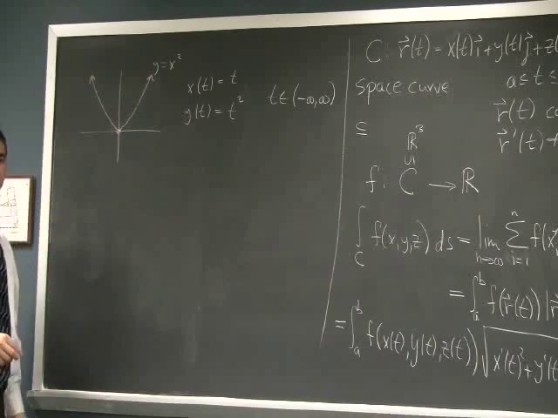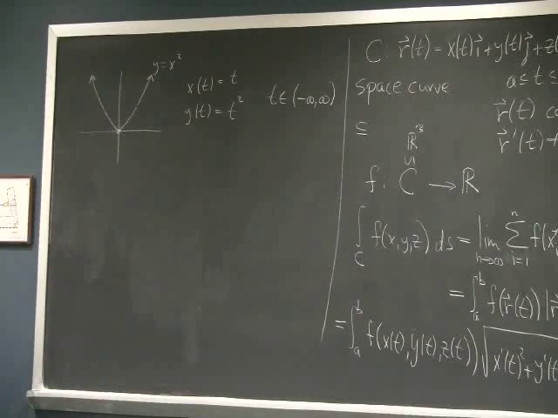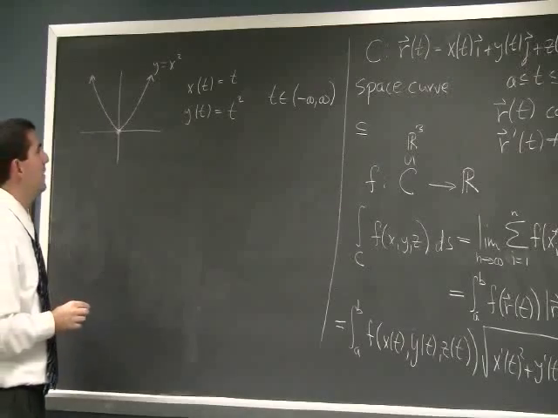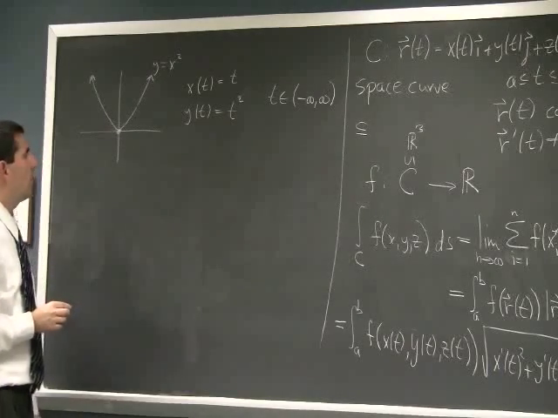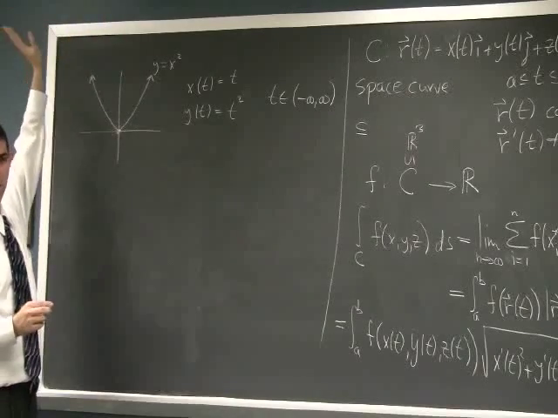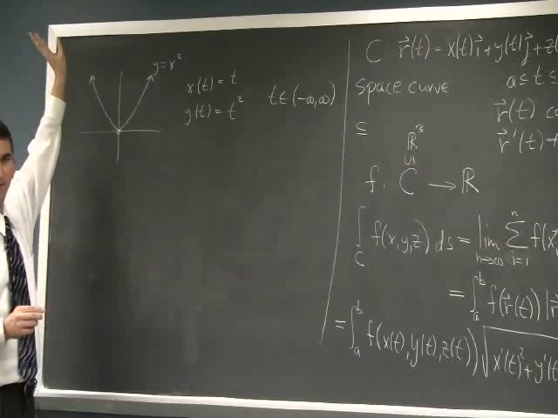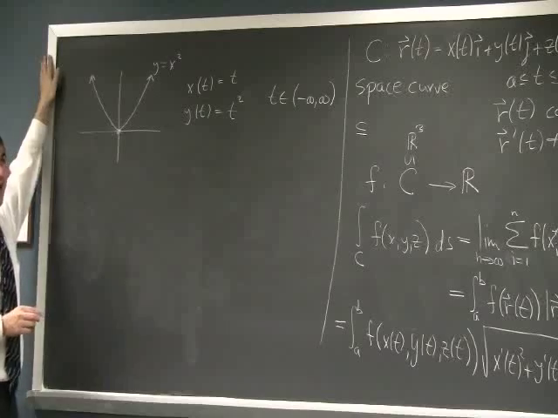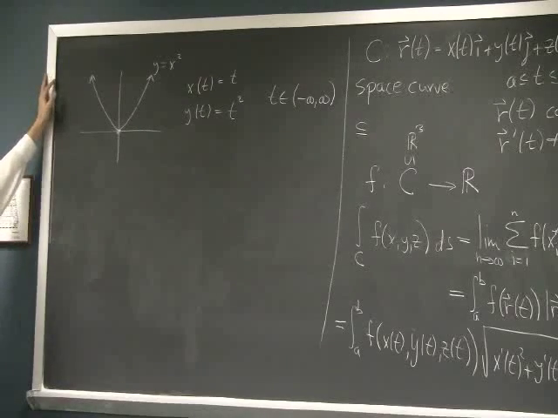So anytime you parameterize something, can you always make t go from 0 to 1? No, not always. If you wanted the entire parabola, going off to infinity, well, I can't prove immediately that you can't.